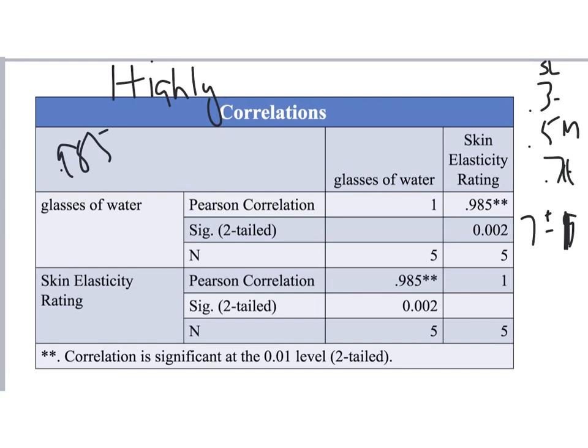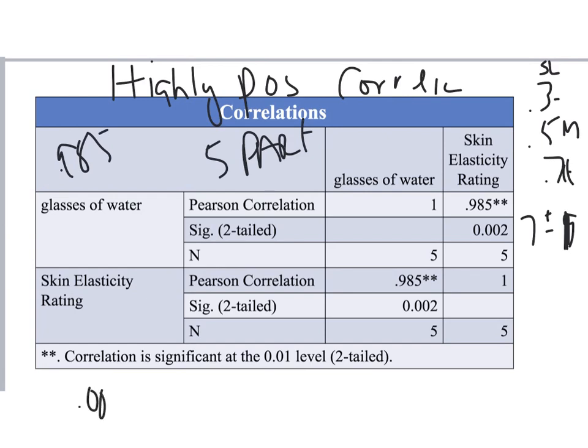Now there's no negative sign, so it would be a positive correlation. We know that there are 5 participants, and at the end here we know that it's at 0.002, which is below 0.05.